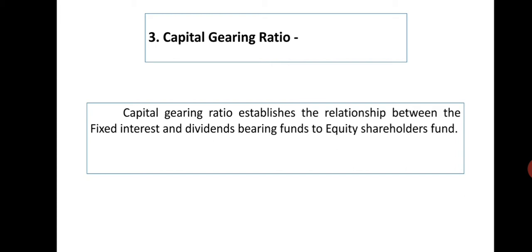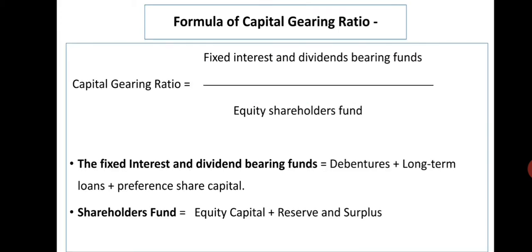The funds for which either fixed interest or dividend is paid, relative to equity shareholders fund. So what is the formula for this? Capital gearing ratio is equal to fixed interest and dividend bearing funds divided by equity shareholders fund.